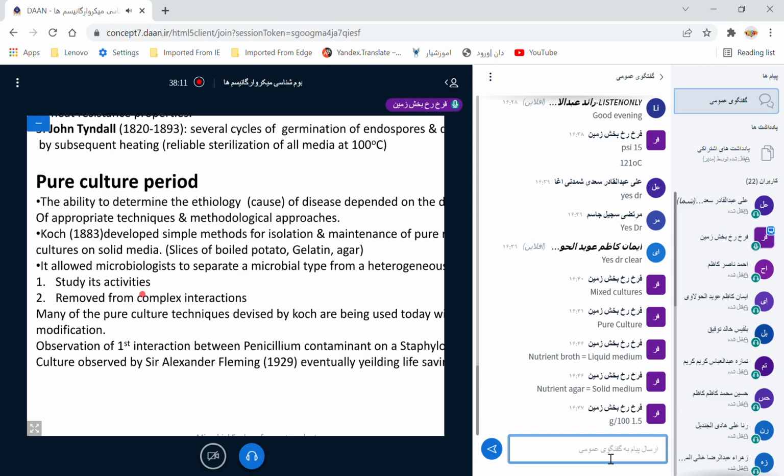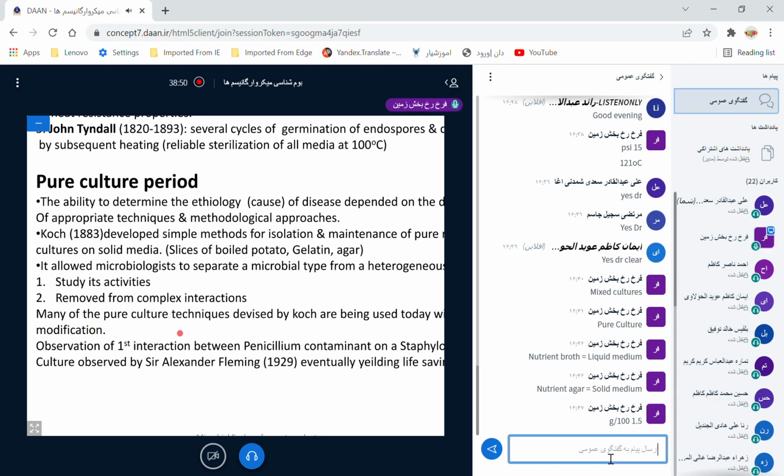So separate, you should hear. If all the students talk to the professor at the same time, the person cannot understand anything. One by one should explain what they want to say. So each microbe should be purified, and after purification, it is easy to study their activity, and their complex interactions are removed from observation.